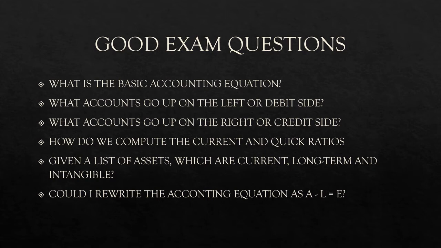So I'm really drilling down into the concept of assets and what they represent, and which kinds of accounts are in each one of those categories. And could I rewrite the accounting equation as assets minus liabilities equals equity? Certainly I can. So if you're doing an examination and I give you assets and equity, or I give you assets and liabilities, you should be able to compute the third leg of that.